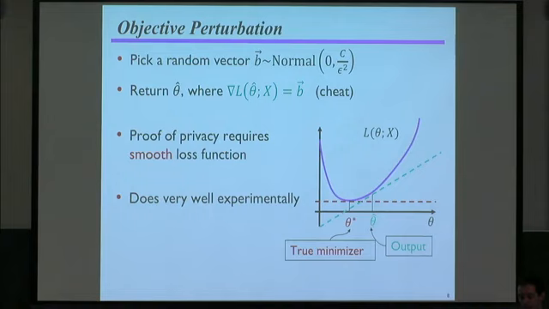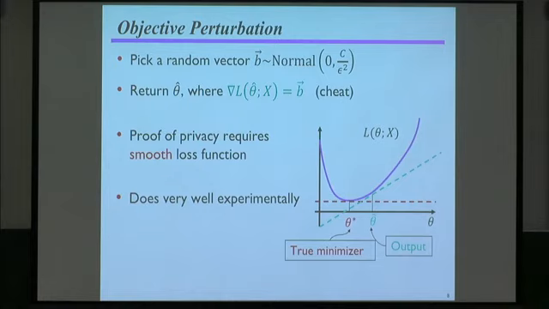On the other hand, it gives you some meaningful privacy in the worst case, because if you do happen to have a data set where the minimum is not especially well defined, where there's a large and shallow basin, then what it basically gives you is a random point in that big, wide, shallow basin instead of the exact minimizer.